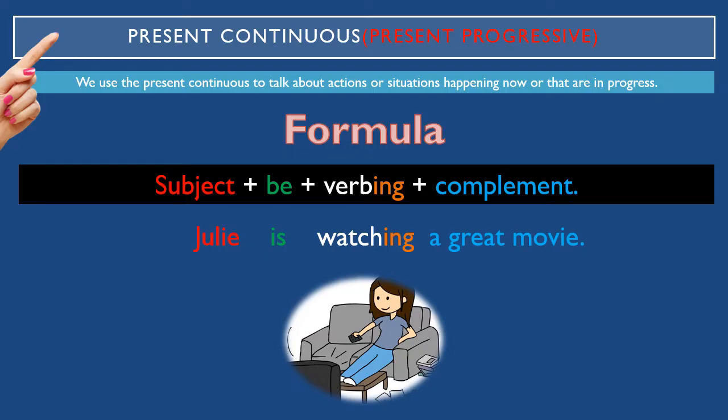So the sentence is, Julie is watching a great movie. If you pay attention to the picture, right now, in this moment, Julie is watching a movie. She's on the couch. So it's an action that is in progress right now. So remember, the formula is the subject plus the verb be, a verb with ing, and the complement. Remember that the complement is optional, it's not an obligation.